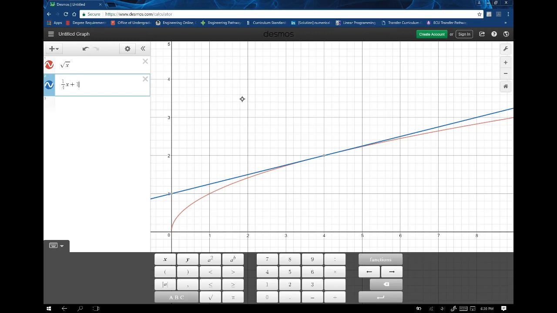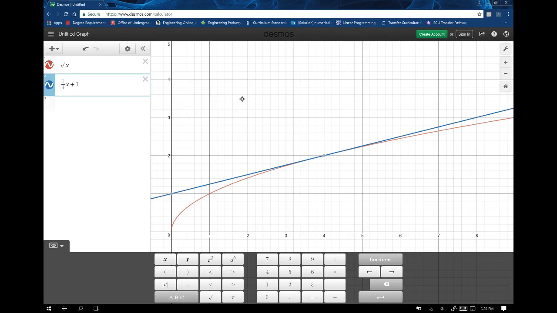So the line is not going to give us a good approximation for the function the farther and farther that we get away from 4. But as long as we're staying pretty close to 4, and it looks like maybe 1 unit to the left and to the right, we can use that line to get a pretty good approximation for our function. Now, every single function is different.